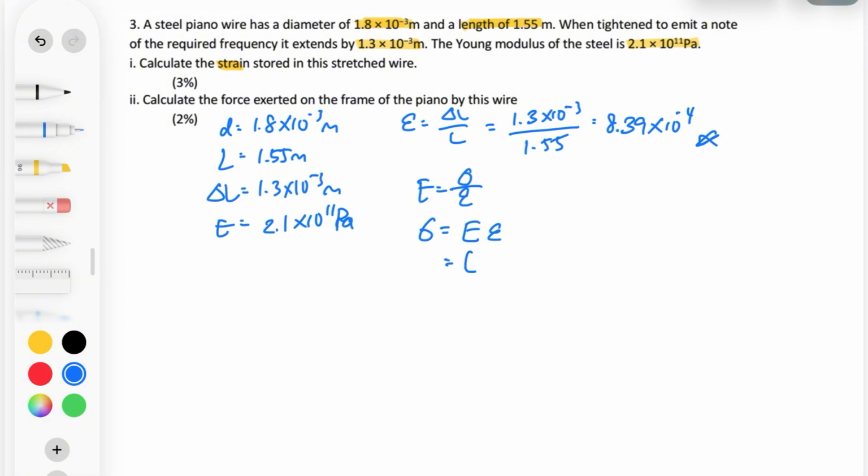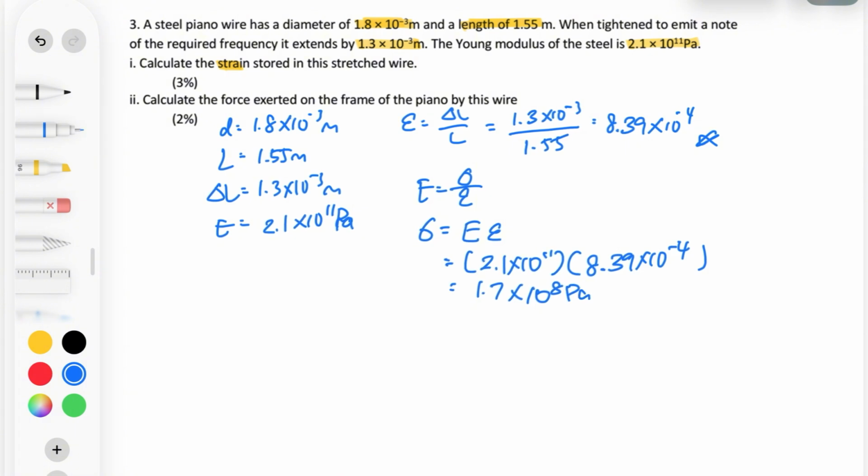So we get 2.1 times 10 to the power of 11 times the strain, 8.39 times 10 to the power of negative 4. So the answer for stress is 1.7 times 10 to the power of 8 Pascal.